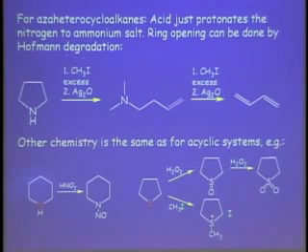And that's the so-called Hofmann degradation. So you can methylate it, which would be the equivalent operation to protonating, and permethylate. So you use excess methyl iodide that puts two methyls on here and makes the dimethyl ammonium salt.